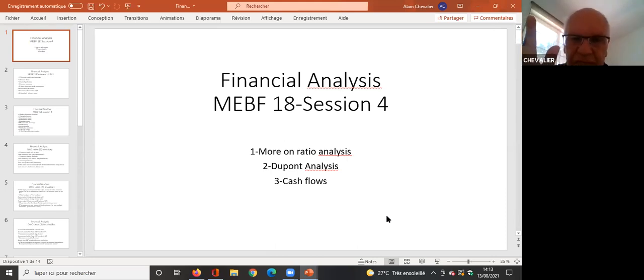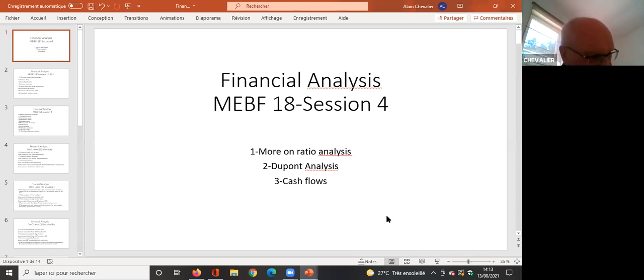The main goal here is more on ratio analysis. I want to go through all the different presentations and try to make a summary and explain how to use them. Second, to extend this ratio analysis using a method which is called the DuPont analysis. I will explain why it's called DuPont.